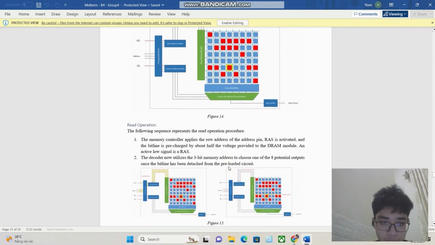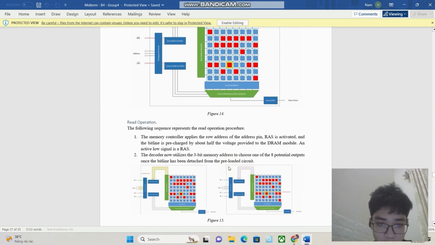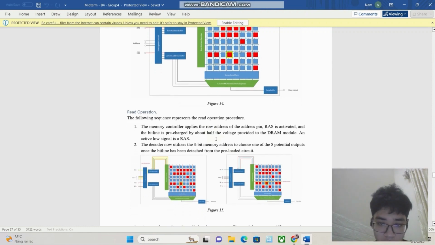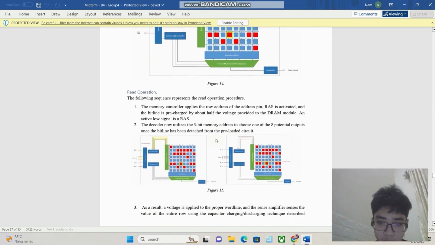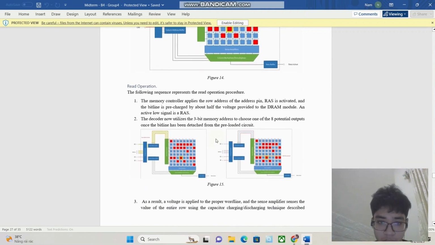Read operation. The following sequence presents the read operation procedure. The memory controller applies the row address to the address pins. RAS is activated and the bit line is precharged to about half of the voltage provided to the DRAM module. RAS is an active low signal.